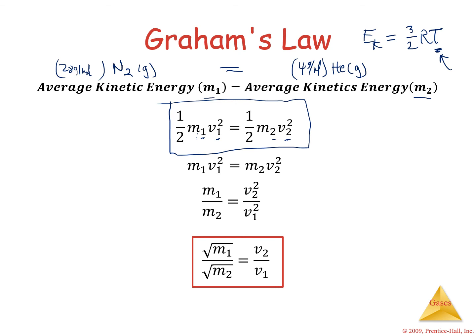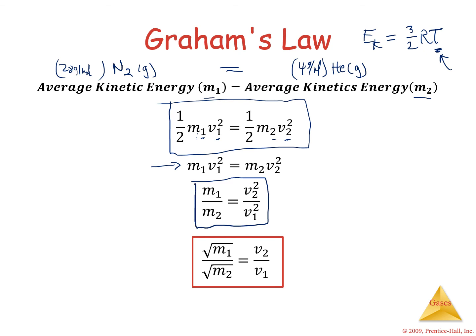Getting rid of the factor 1/2, you have a relationship between the velocities and masses of the two different gases. Putting the mass ratio on one side and the velocities on the other, you get this equation.